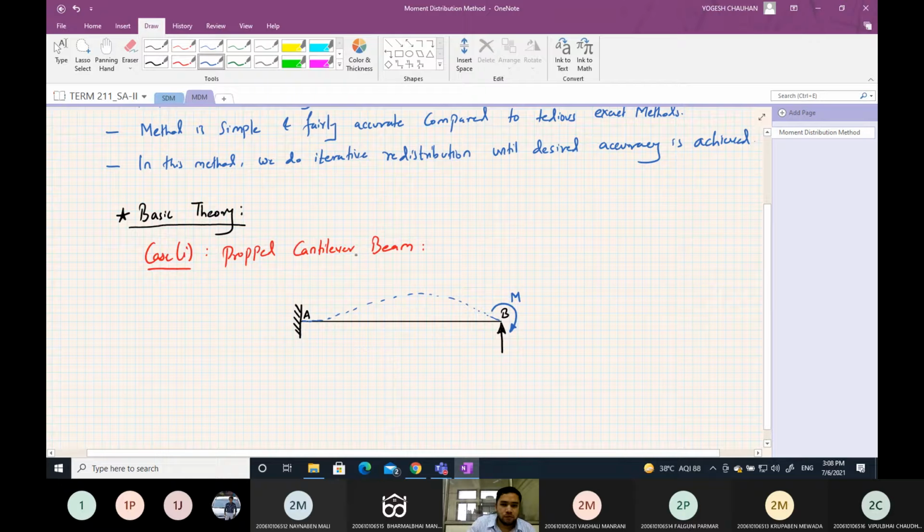Now let us assume that clockwise is positive, sign convention.